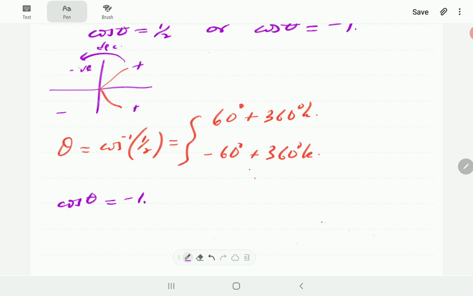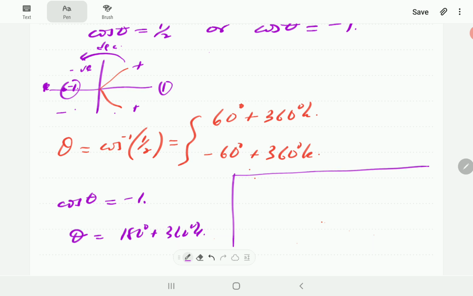Okay, and then it keeps decreasing. This is the minimum that it's going to be, so that's when it's going to be -1. Then from here to here it's now increasing, so this side is 1 and that side is -1. So this one is just going to give us 180 plus 360k. Then when we're looking for the particular solution, we're going to have plus or minus 60.